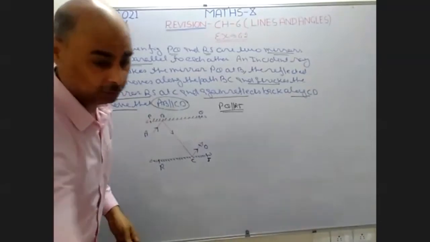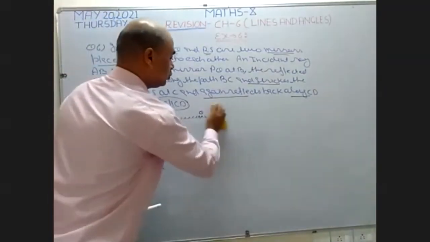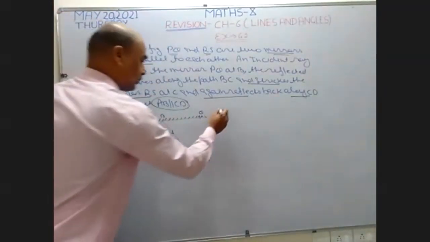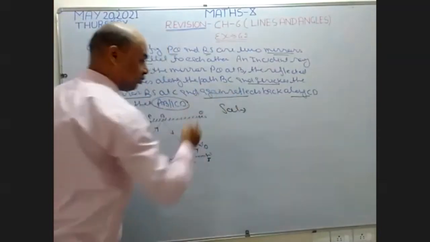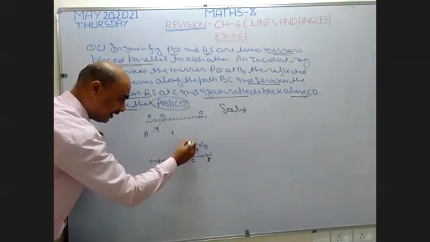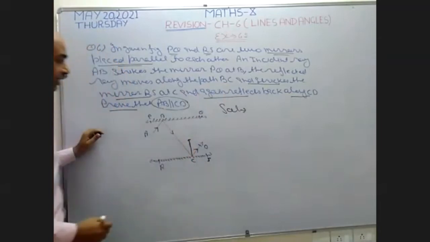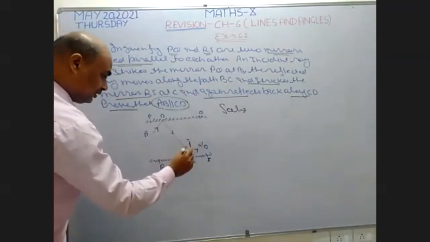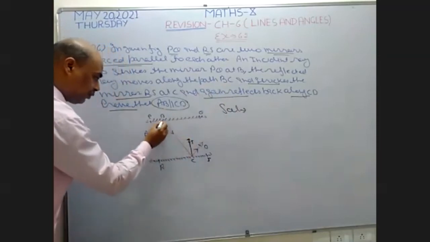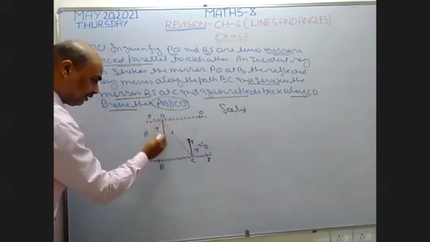Now, I want to solve. To solve this question, I want to make some construction. I take a perpendicular at C. I draw this perpendicular line. At point B again I draw one perpendicular.